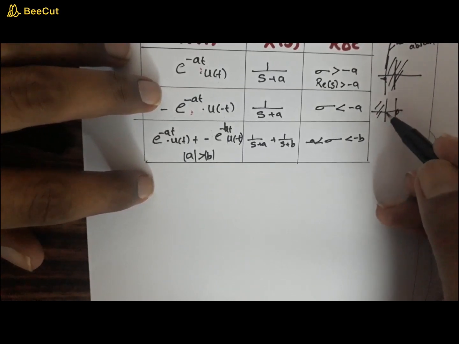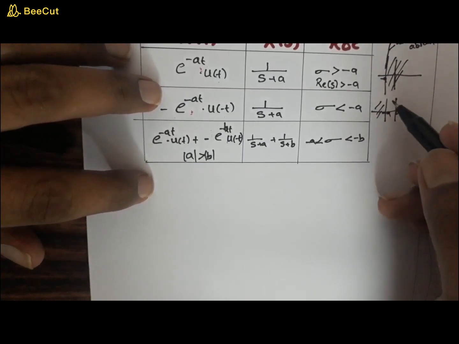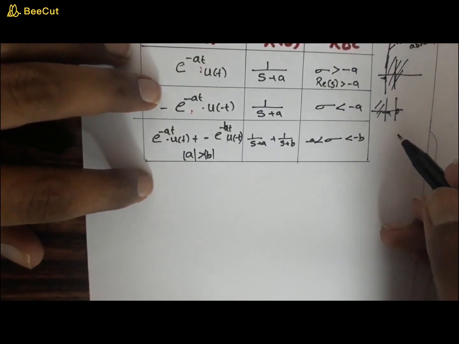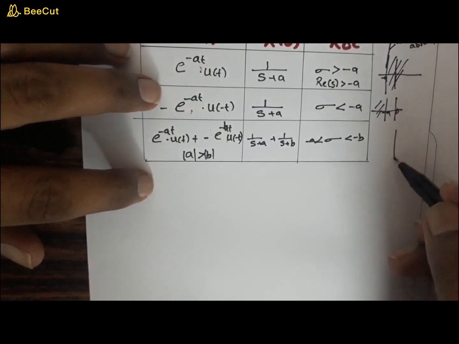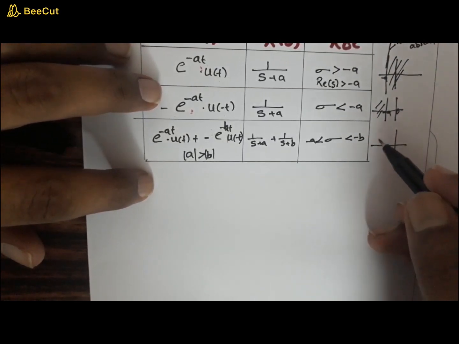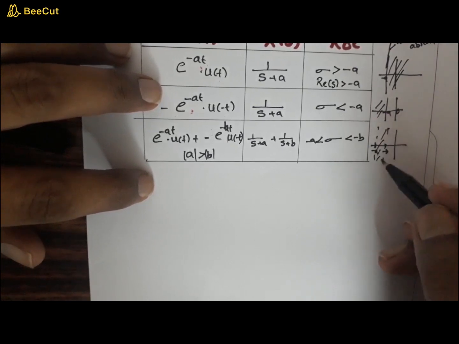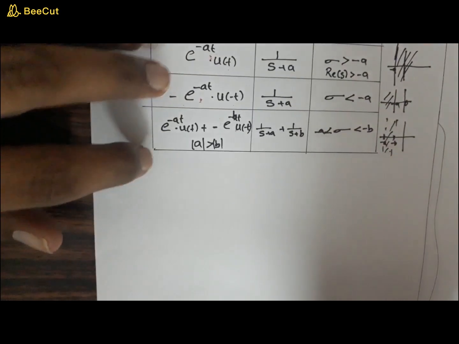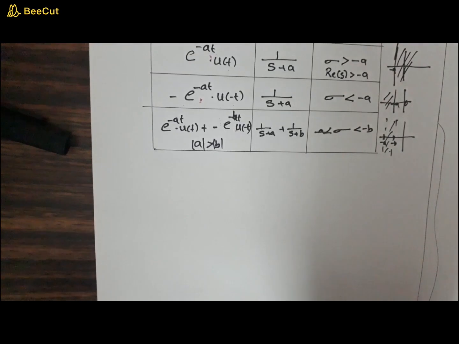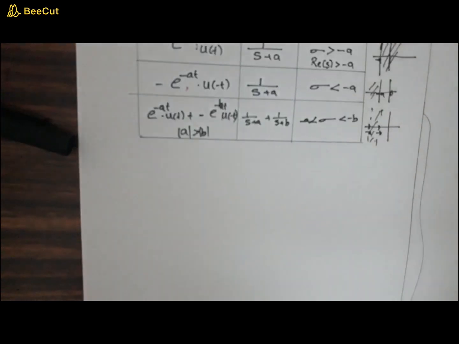Say if this is 0 and this is minus a, this is the left side of this. And in this case, you assume 2 points, that is minus a and minus b. This region is what is represented by this. Now you must have a clear understanding of this region of convergence when you start to do this bilateral transform.